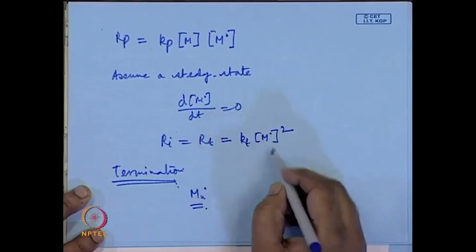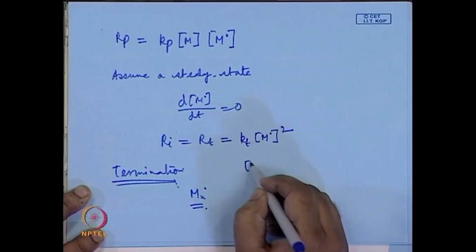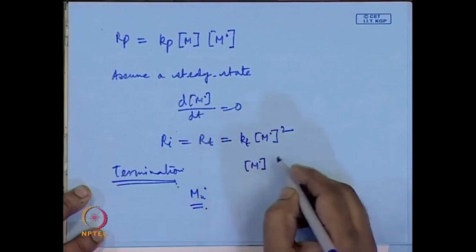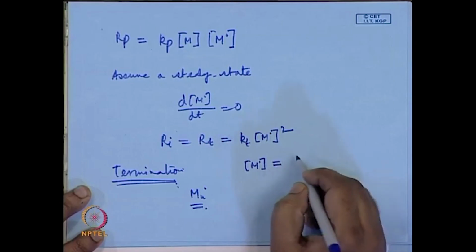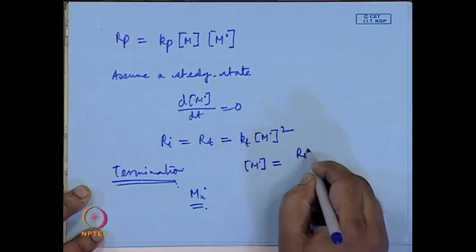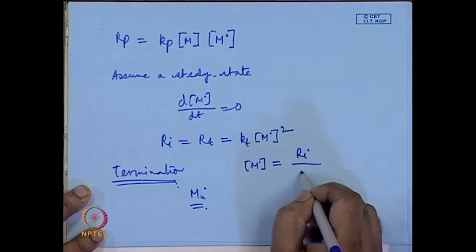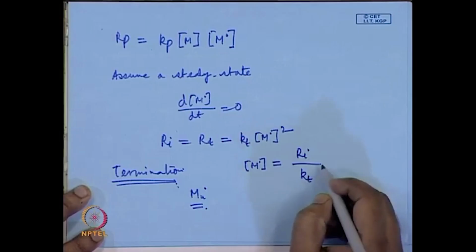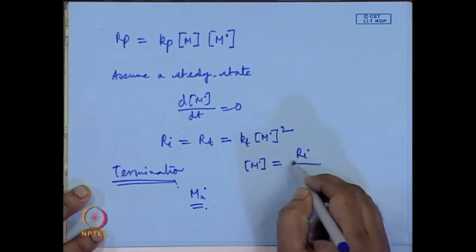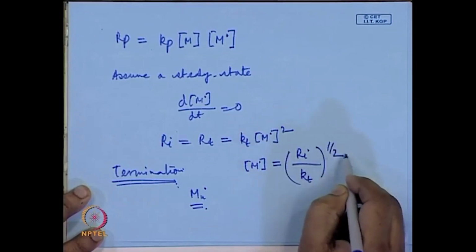From that we can find M dot as Ri by Kt to the power half.